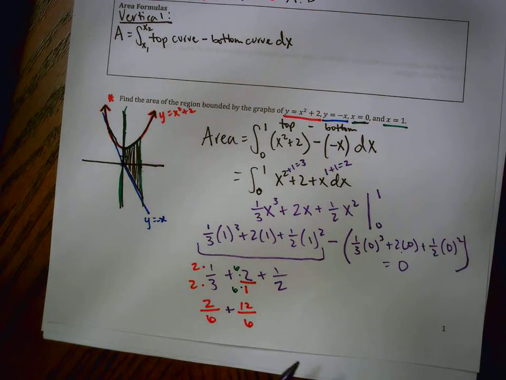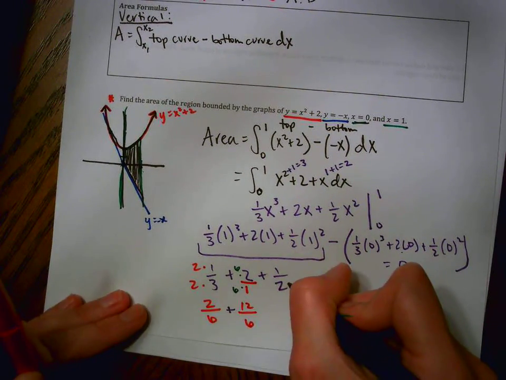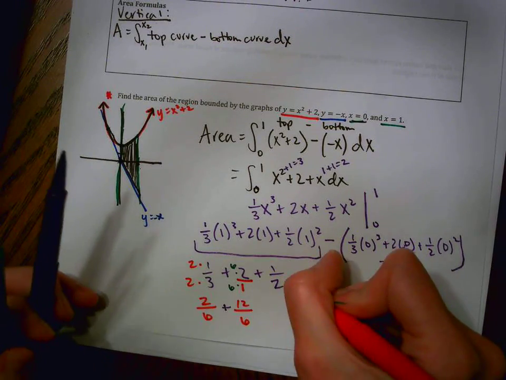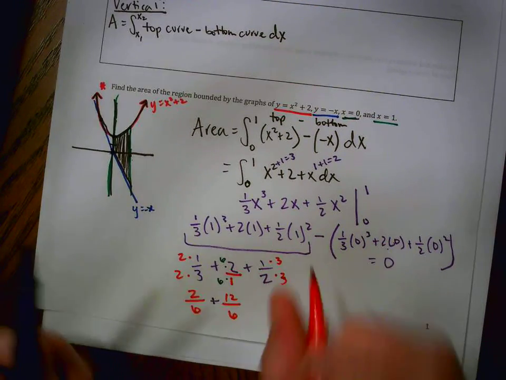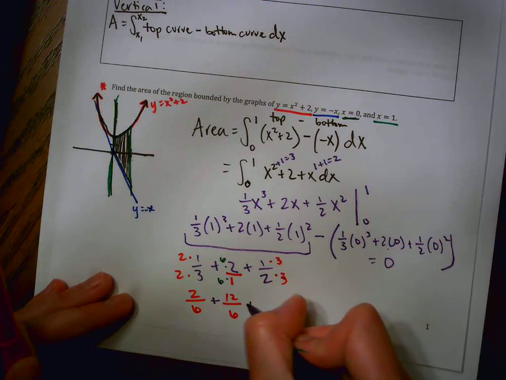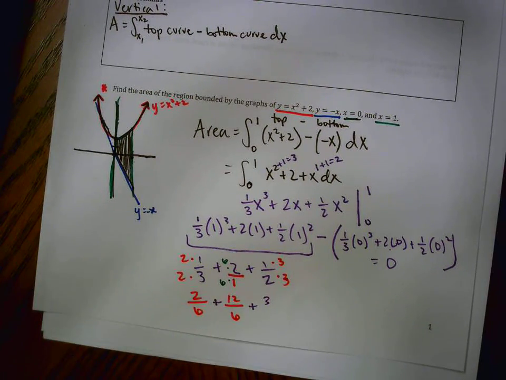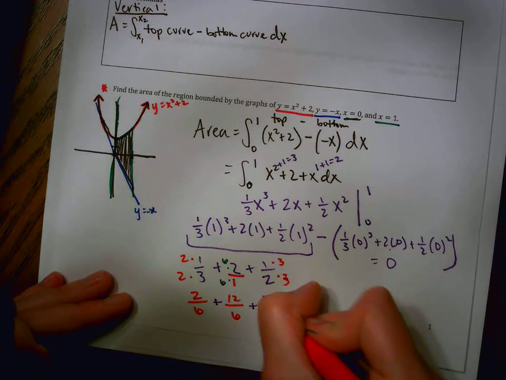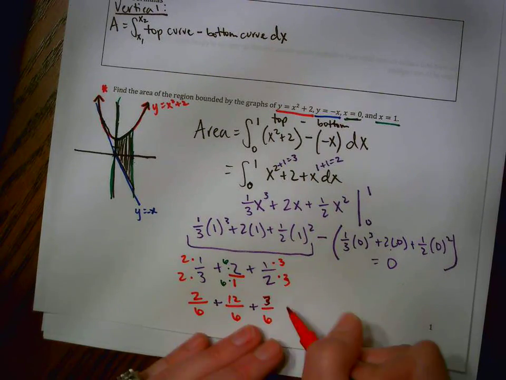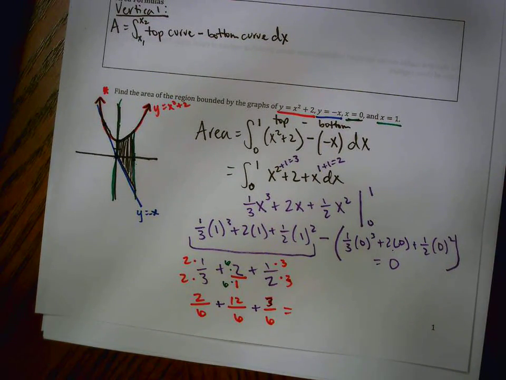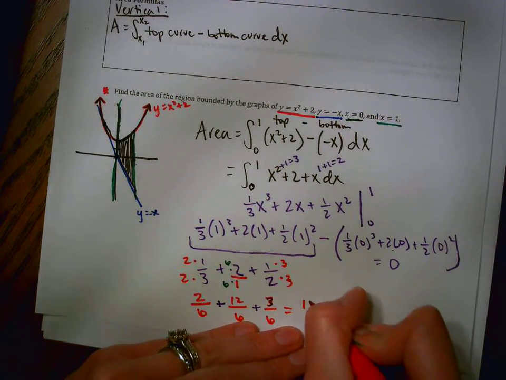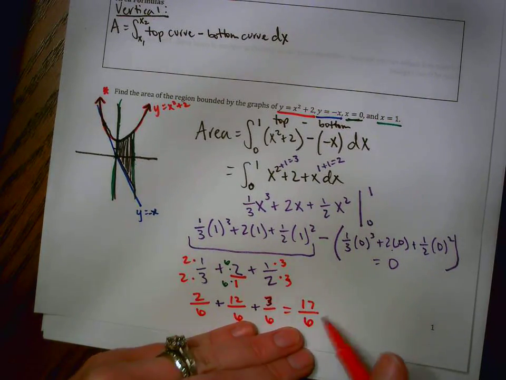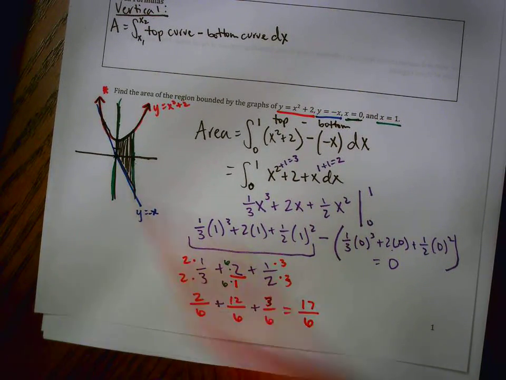And then I'm going to multiply this one by 3, and it's going to become 3/6. So now you just add the numerators, and what is that? 17/6. And that is the area of this black shaded region.